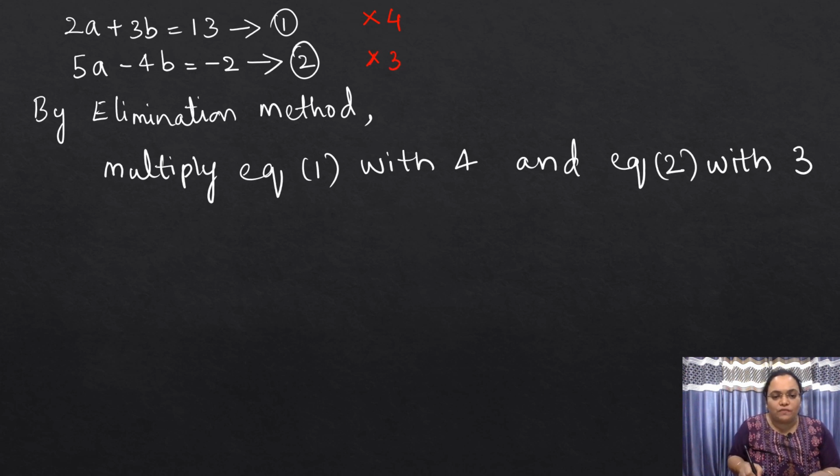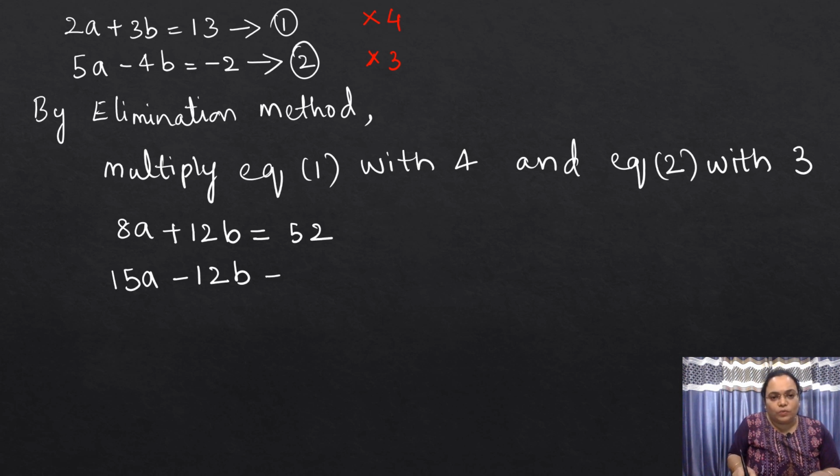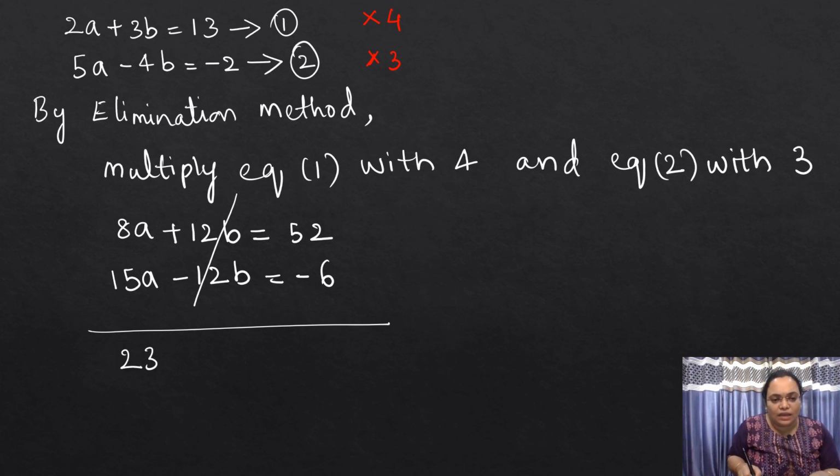So, 8a plus 12b is equals to 52, and 15a minus 12b is equals to minus 6. I will add them. The b terms will get cancelled. This will be 8 plus 15, so you will get 23a is equals to 52 minus 6, which is 46.